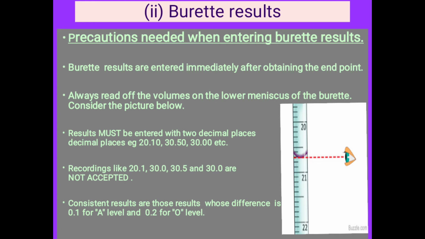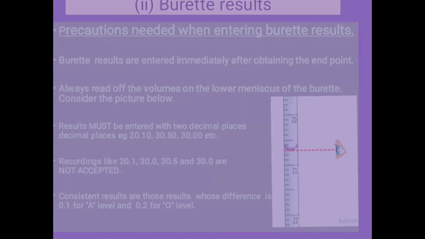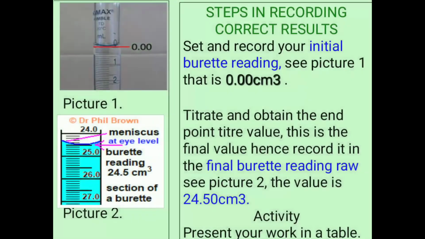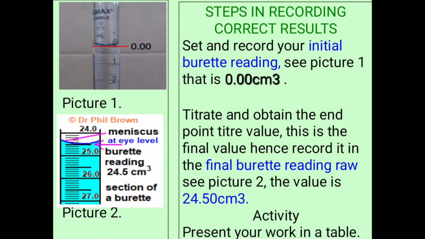Okay. Now let us look at the steps we take when we are recording correct results. Remember, in my previous lessons, I've been teaching you how to set the initial burette volume. So assuming we have set our initial burette volume and it is 0.00, we shall go to our table.